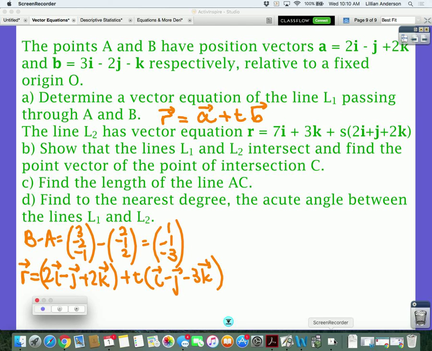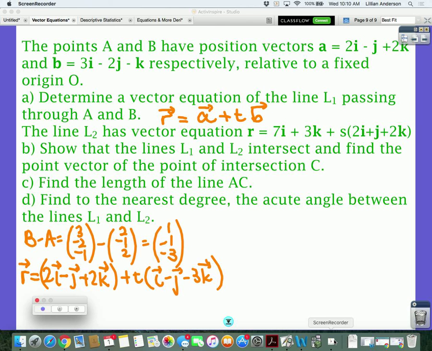Would we be able to get magnitude from that? We don't know how long, we don't have a magnitude. True. There'll probably be something else given, then you will be asked to find the magnitude of that.